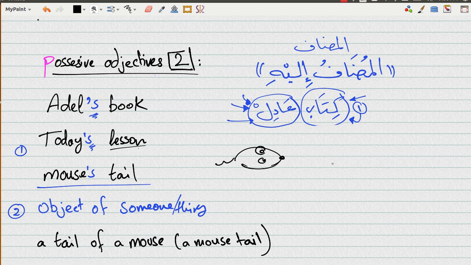So first, if I'm gonna mention the mouse in Arabic it is far, and I'm talking about his tail or its tail, then I'll add before far the word for tail in Arabic, and one word could be ذيل.